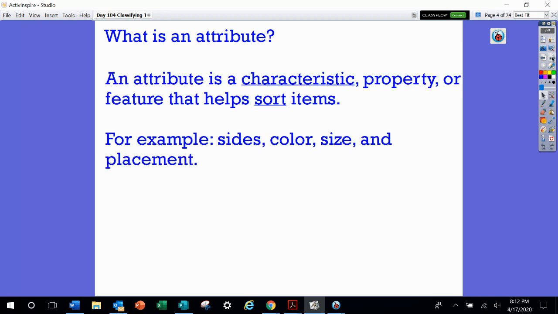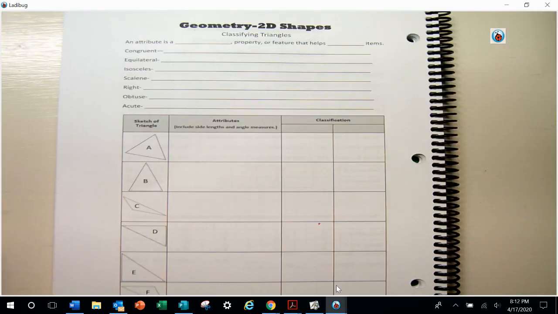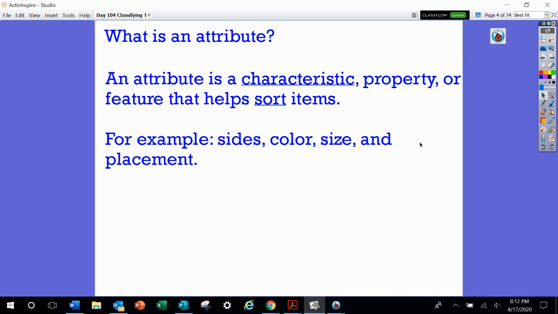Now you're filling this in your notes, guys. By the way, your notes page should look like this. Classifying triangles. So you're filling in right here. We're starting our notes right away. An attribute is a characteristic, a property, or feature that helps sort items.